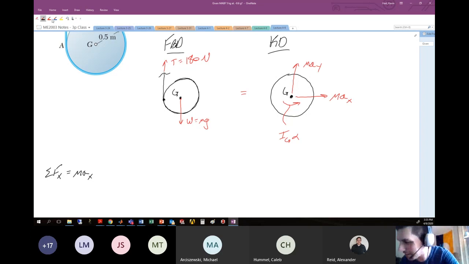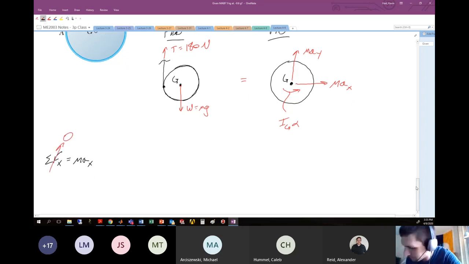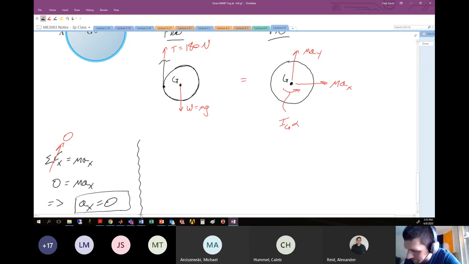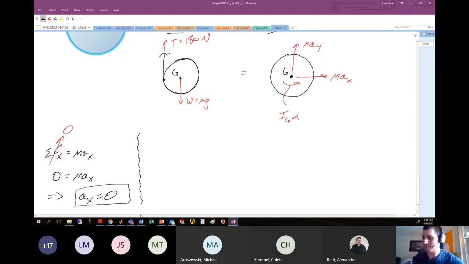I don't have any forces in the x, so I'm left with 0 equals max. Because the mass is non-zero, that implies that my acceleration in the x direction is 0. I hope they're all that easy. So that's the kinetic equation in the x direction.